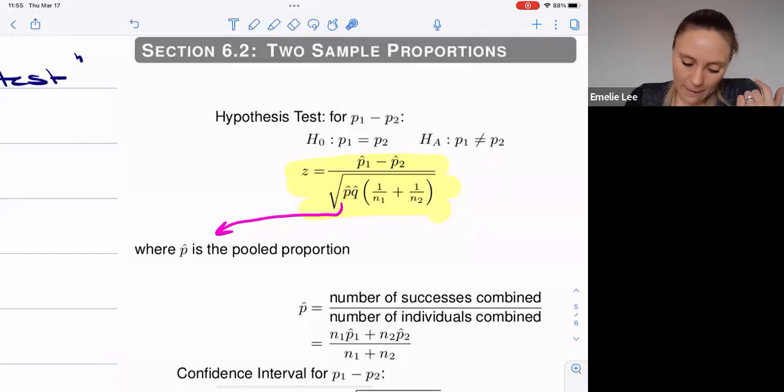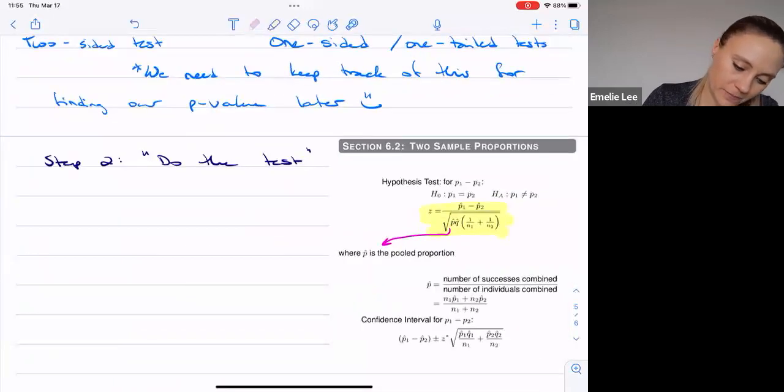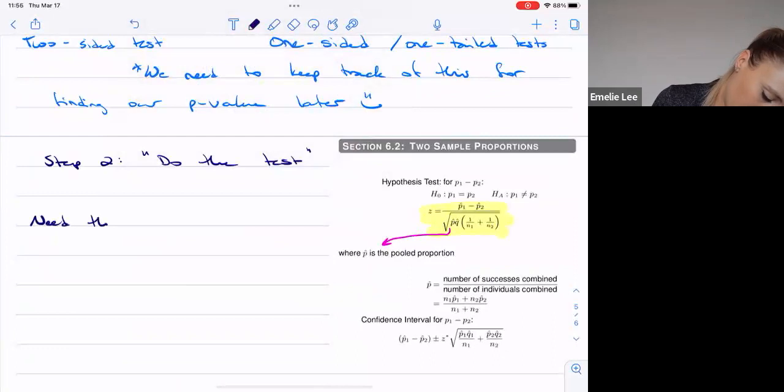So the default is not equal to. Okay, so in order to do the test, which is calculating the Z-score, which is a test statistic, I need the pooled proportion. So the first thing I'm going to do is calculate the pooled proportion.